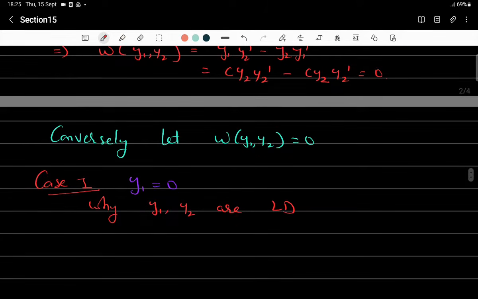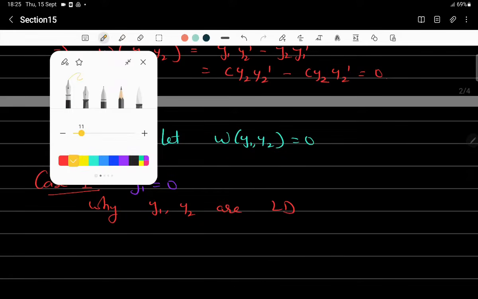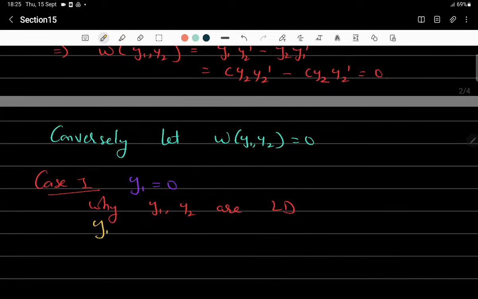So if y1 is 0, then y1 can be written as 0 equals 0 dot y2. So it can always be expressed as a scalar multiple of y2, where 0 is the scalar, and this means that y1 and y2 are LD.